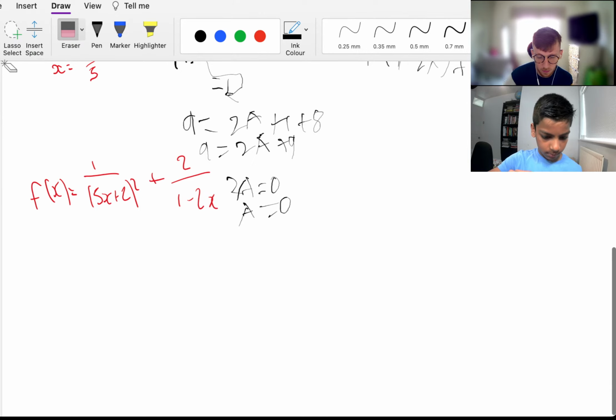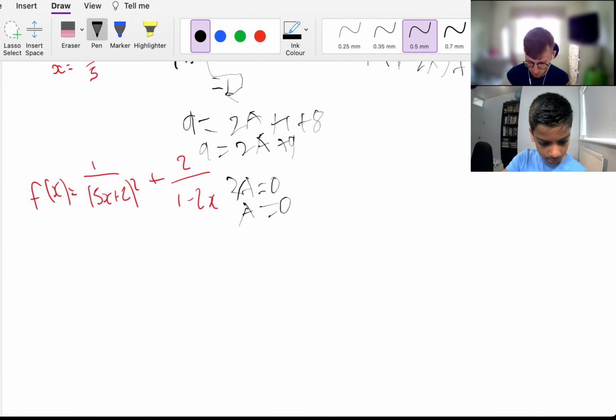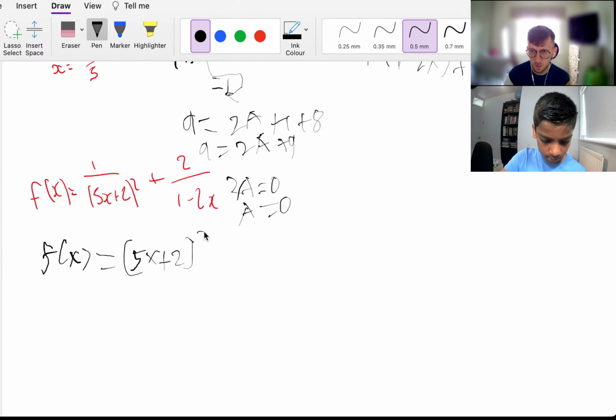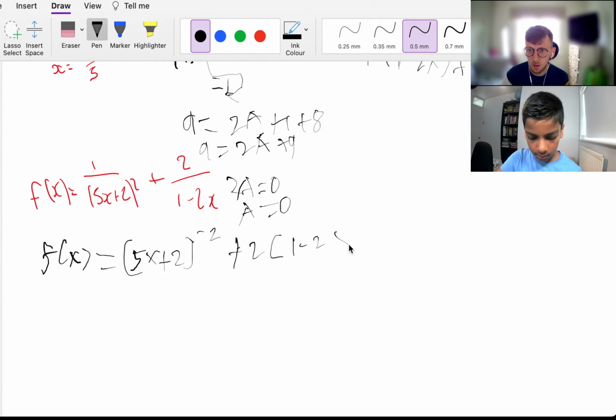Okay, so then what we can do is, f of x, we can rewrite that as 5x plus 2 to the power of minus 2. Good. Plus 2 times 1 minus 2x to the power of minus 1. Good.